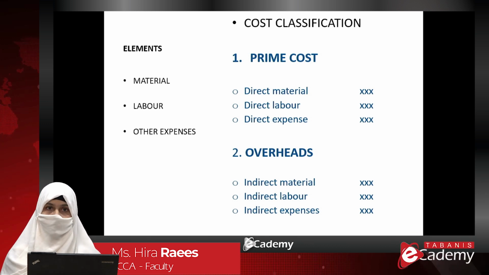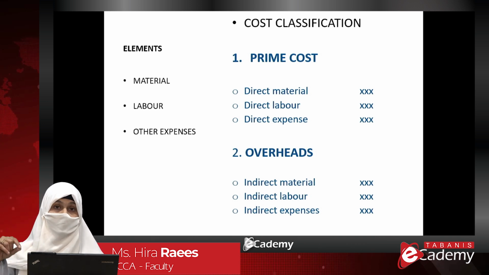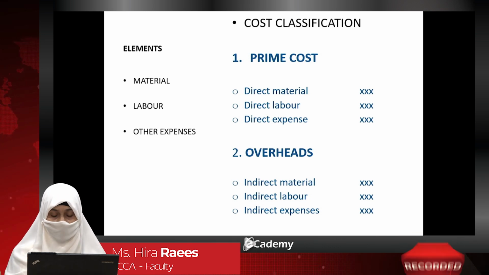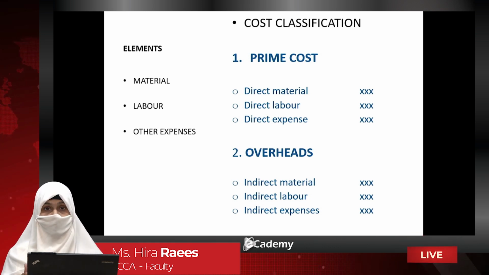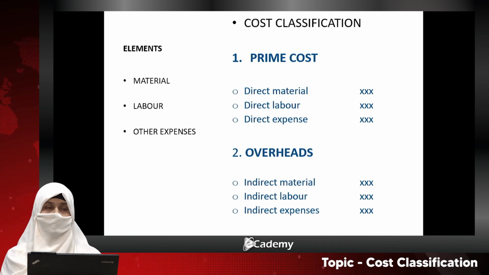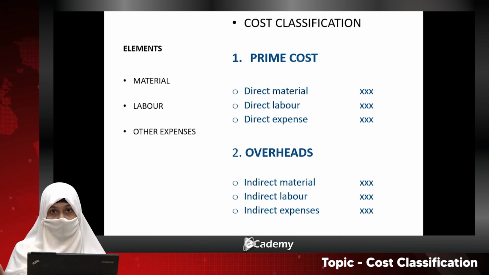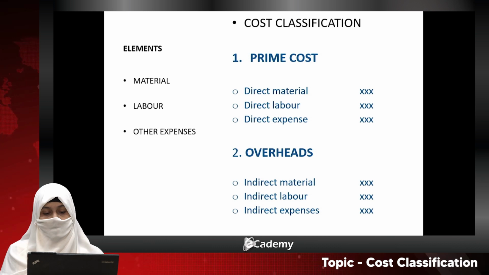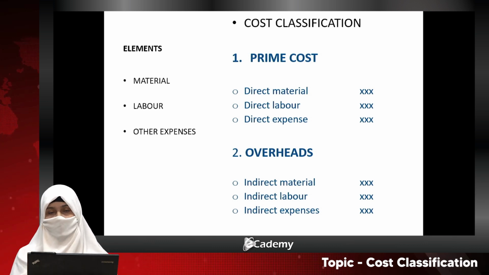Before dealing with direct and indirect labor, you must know the nature of the organization, what activities it is involved in. Because it might be possible that a direct worker for one organization might be an indirect worker for another organization. Let's suppose I'm talking about a rider who delivers food from the restaurant to the desired customers. Is the salary of that rider a direct worker or indirect worker cost?